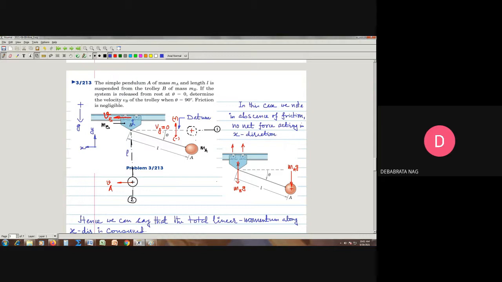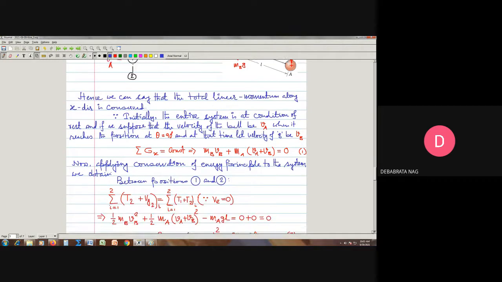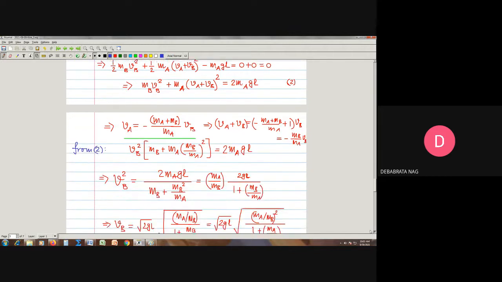So I would ask you, students, as homework, to find the expression for the velocity of this carriage as a function of theta, and check that at theta equal to 0, everything should be 0. And number 2, when you put theta equal to 90 degrees in your expression, you should get the answer that we arrived at during our solution of this problem.